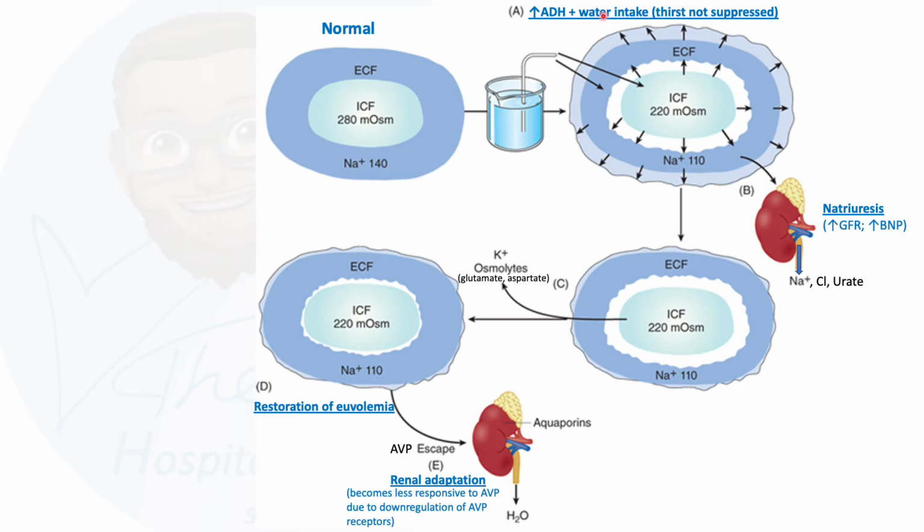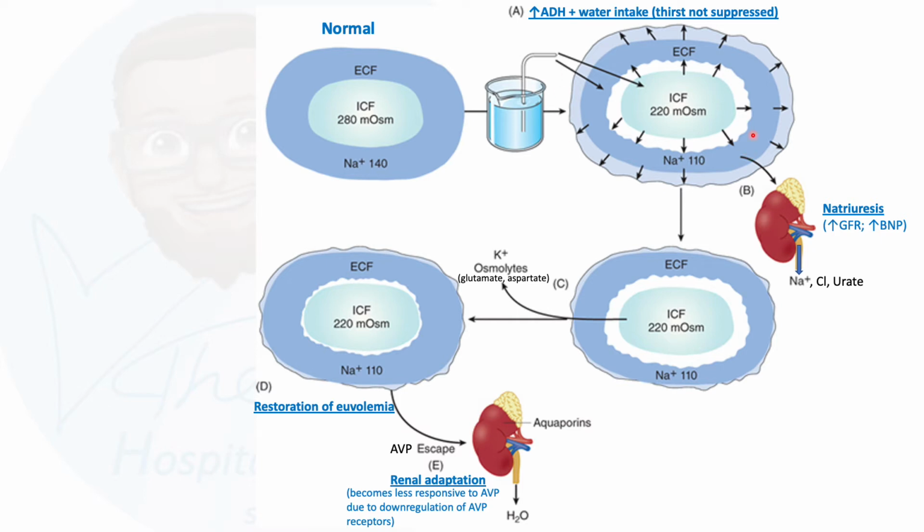The combination of these two, ADH, as you know, will increase water retention by the kidney, and if there's water from outside, this will lead to expansion of the intracellular and extracellular fluid. So the osmolality in the intracellular fluid will be low, and the sodium, because it's the main electrolyte in the extracellular fluid, also will be low. And that's why some patients might be mildly hypervolemic because of that.